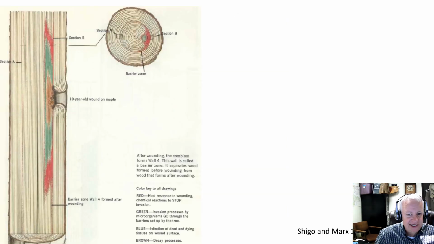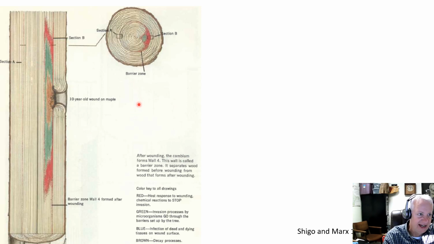Here's an illustration of compartmentalization that occurs due to the CODIT response. So there was a wound on this tree, a branch broke off, or there was some other wound, and the barrier walls sort of contained the spread of that decay.